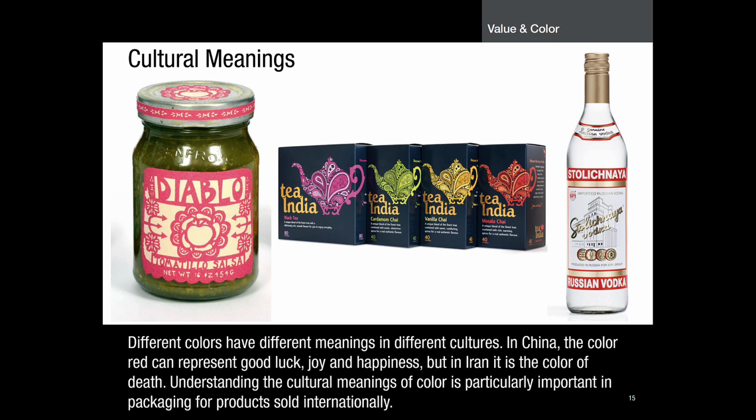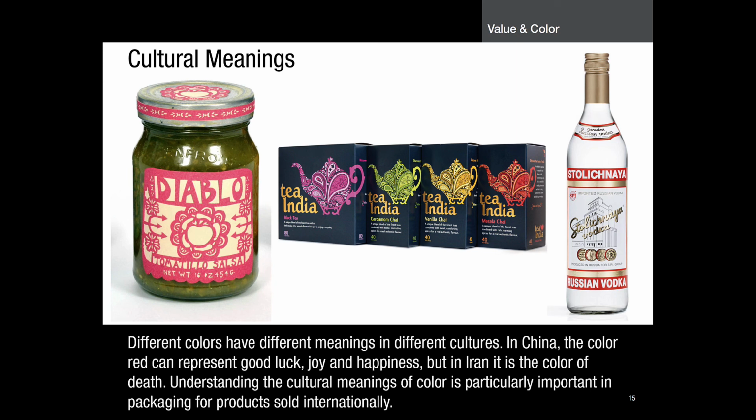Also, understanding cultural meanings in color. Certain colors have certain connotations in different cultures, and understanding those is important. If you think in terms of Western culture, one of the associations we have with the color black is death and mourning.